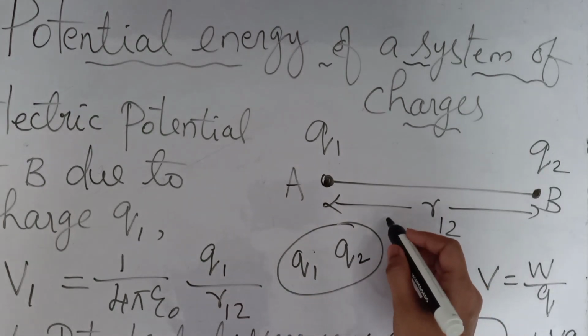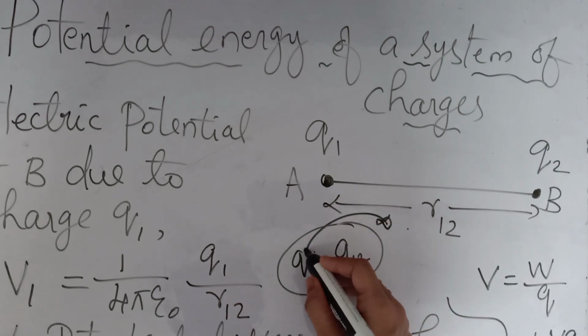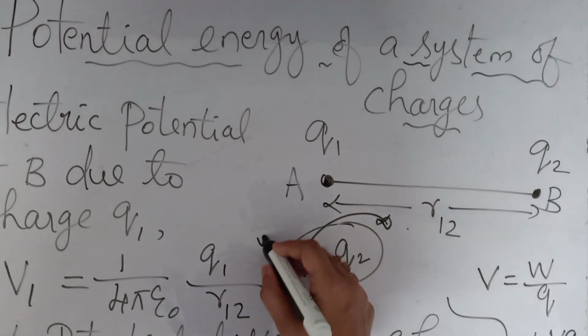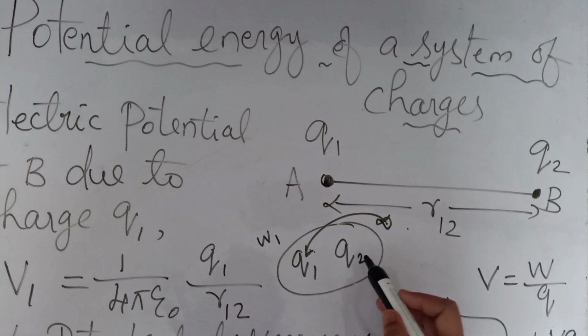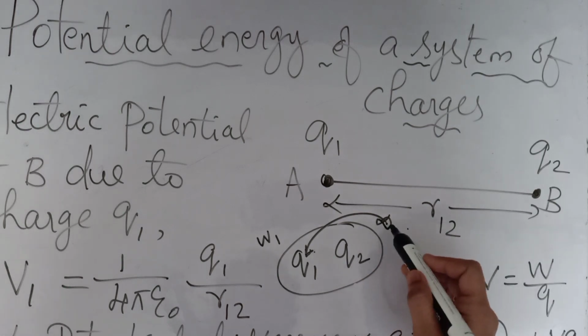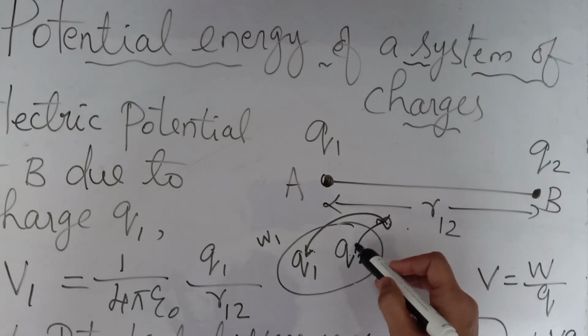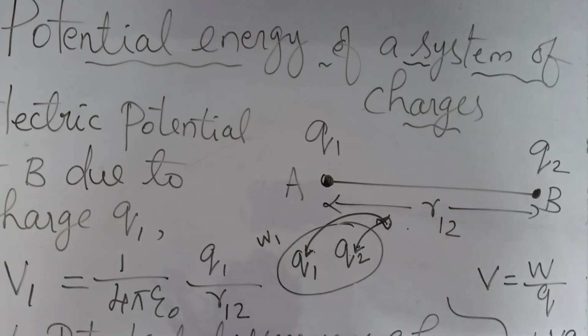So first of all we will calculate, suppose this is the infinity, and from infinity we have to bring this charge Q1, right? So for that the work done we have to calculate. Suppose it is W1, and in the same way we will find the work done to bring this charge Q2 from infinity to its position, right?